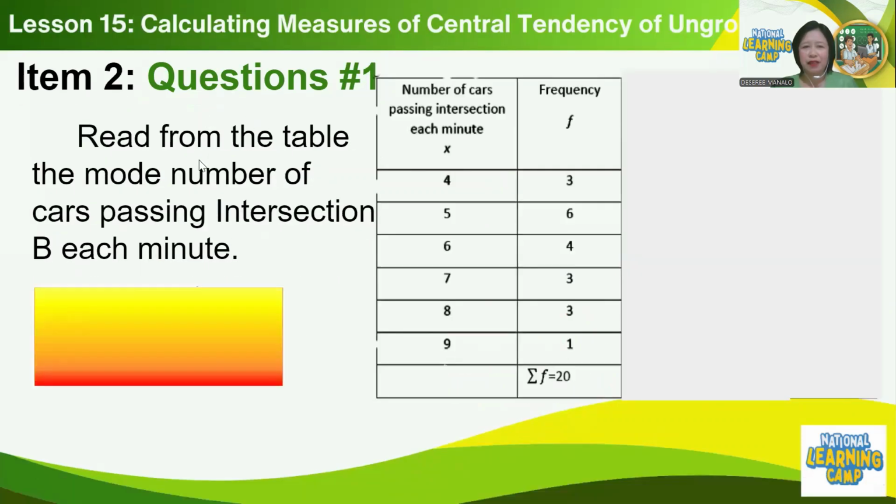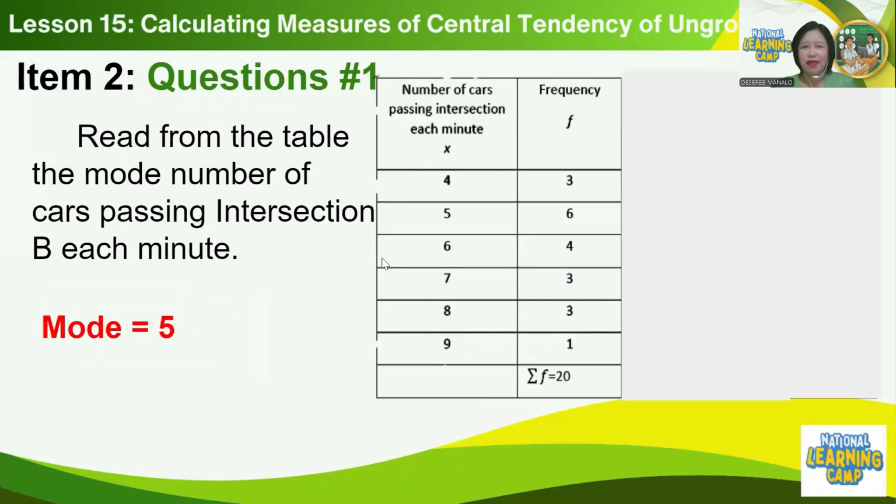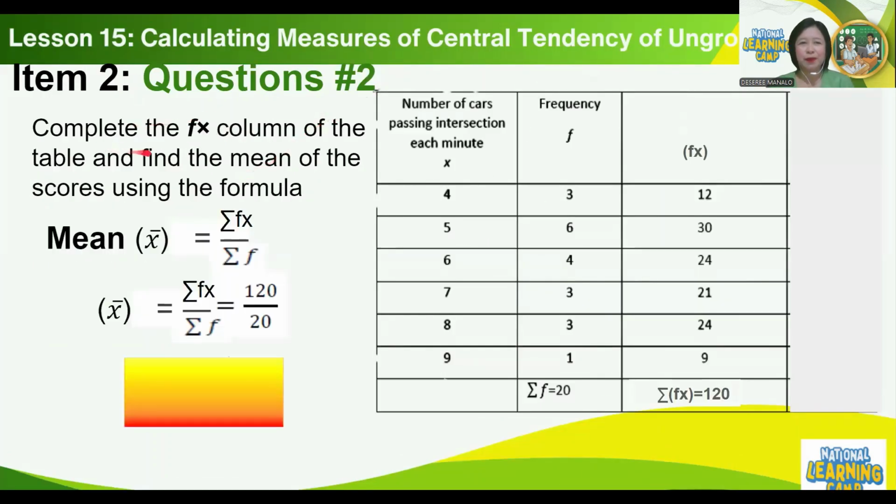Item 2, question 1. Read from the table the mode number of cars passing intersection B each minute. The mode is 5. 5 has the highest frequency. Therefore, it is the mode. For question number 2, complete the fx column of the table and find the mean of the scores using the formula.